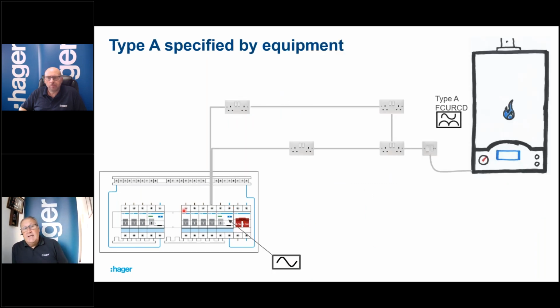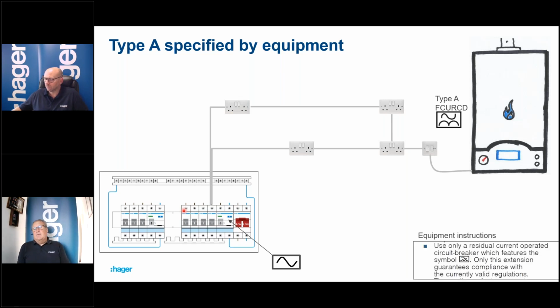Now we can see, and actually we have seen, to be fair, consumer equipment being supplied that, if you look inside the instructions, says something about the type of RCD that should supply that equipment. We actually first saw it years ago on a Bosch dishwasher, where this little piece of text was in the instruction leaflet: use only a residual current circuit breaker which features this symbol.